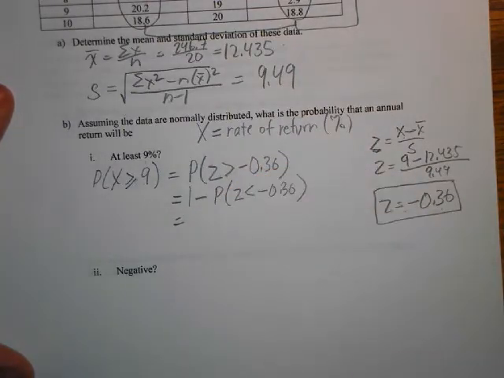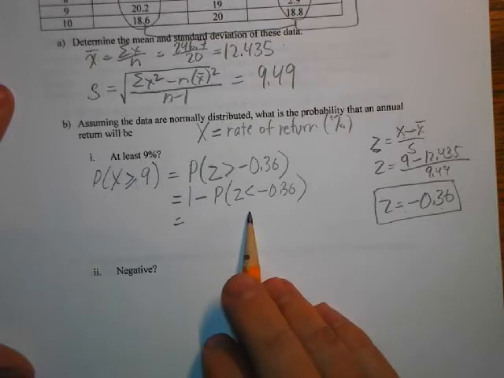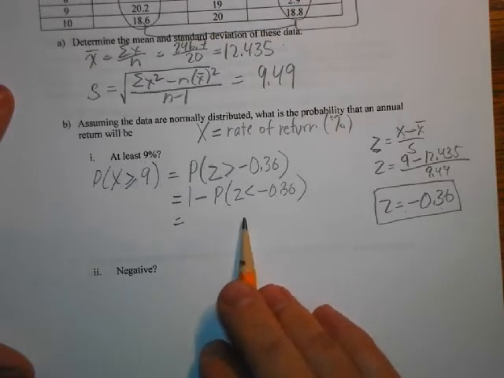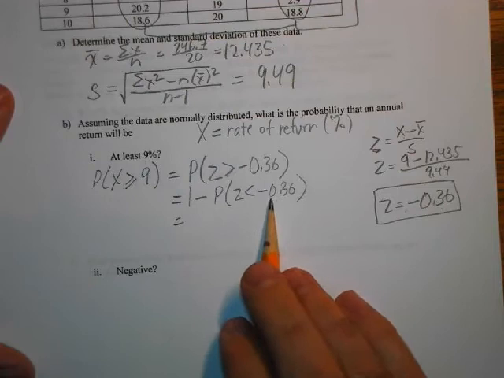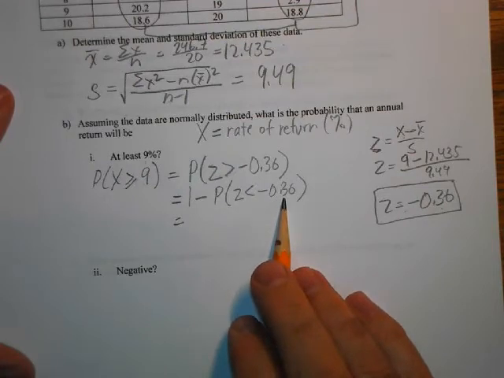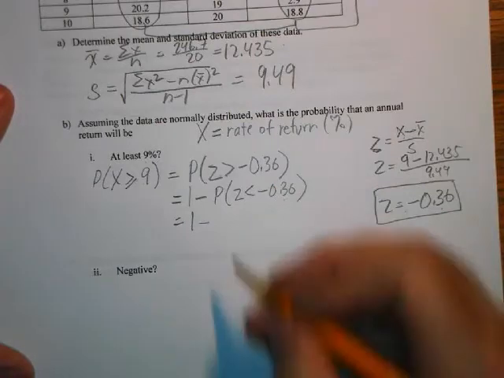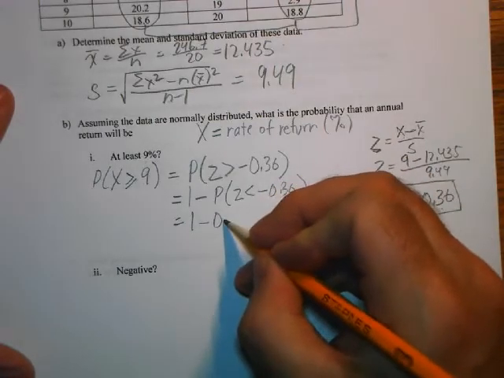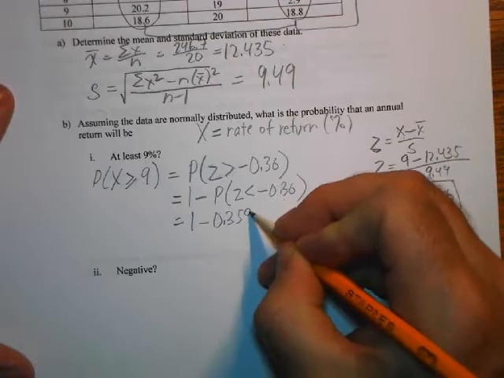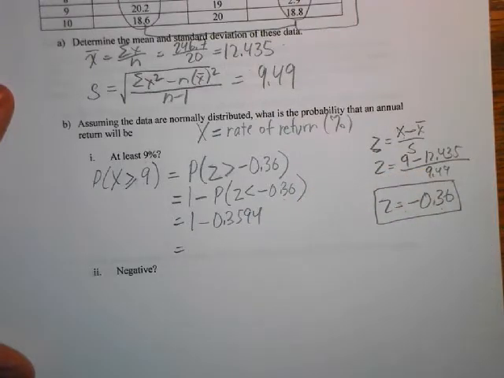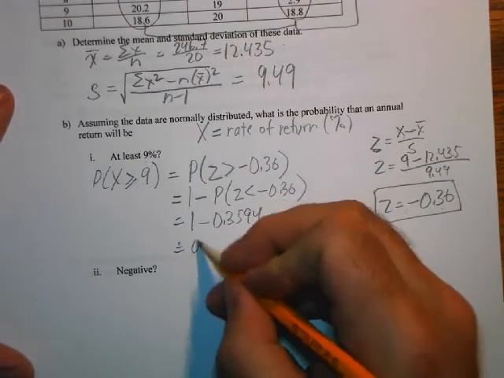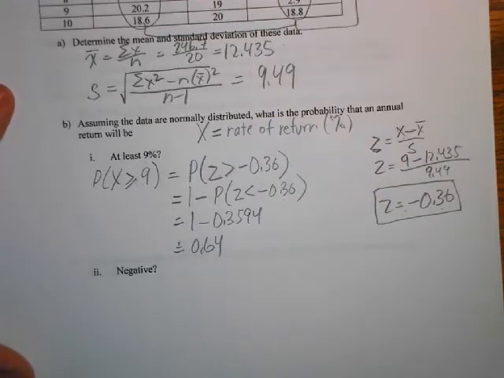Now, I'm not going to bring out the z-score table, but hopefully you can look it up on your own. So if I'm looking up negative 0.36 for z-score, that should give me a probability of 0.3594. Okay, and if I subtract that from 1, I get approximately 0.64.